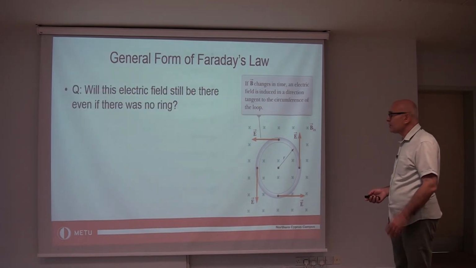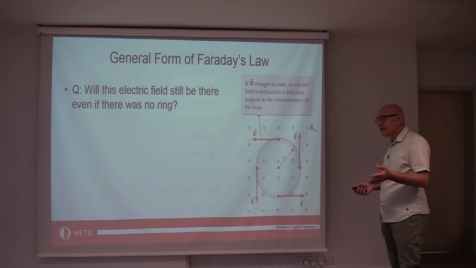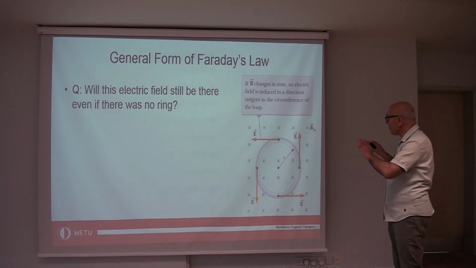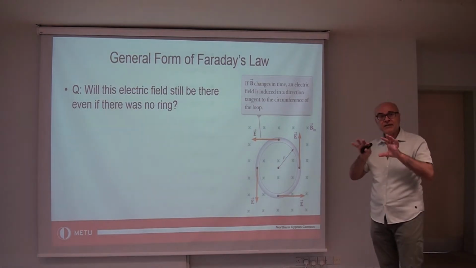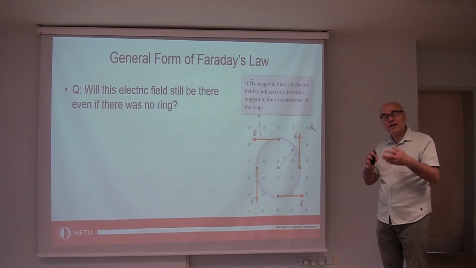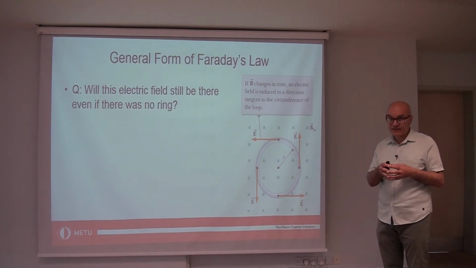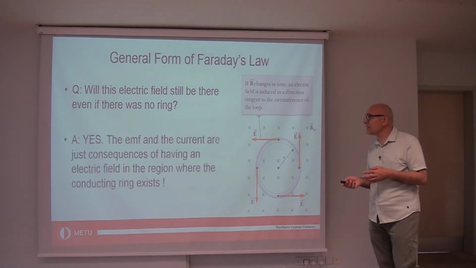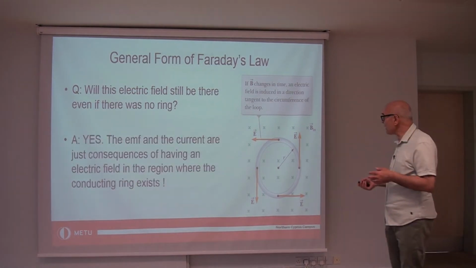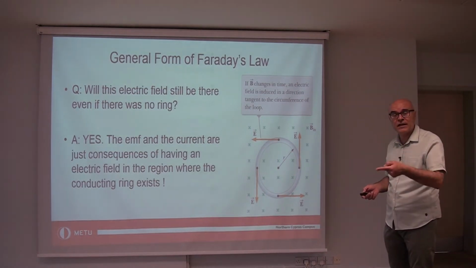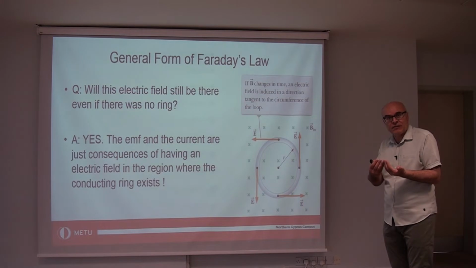Now, the question is, if there were no ring here, but there was a magnetic field that was still varying with time, would there still be an electric field? The answer to this question is yes, because the existence of the ring and the current and electromotive force in the ring is just a consequence of the field.